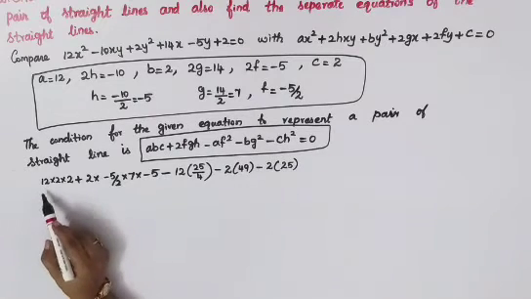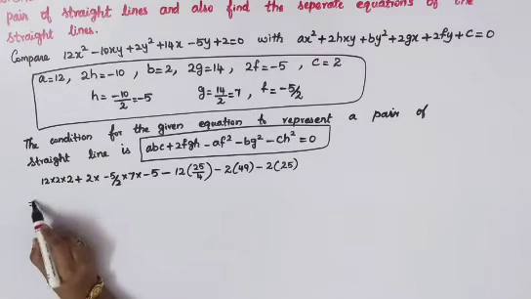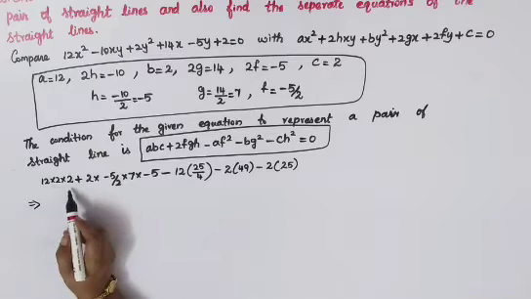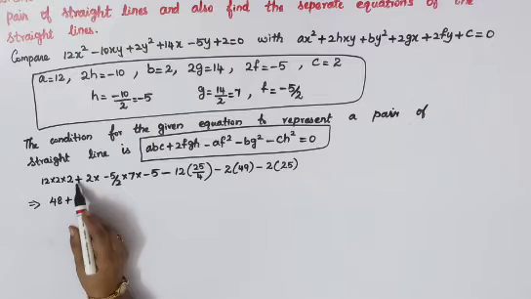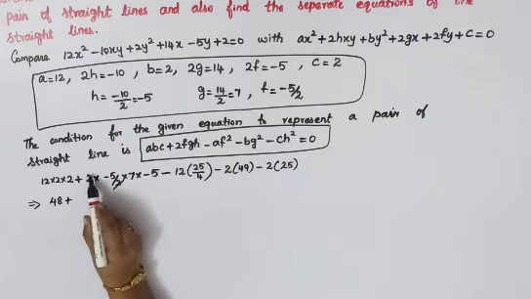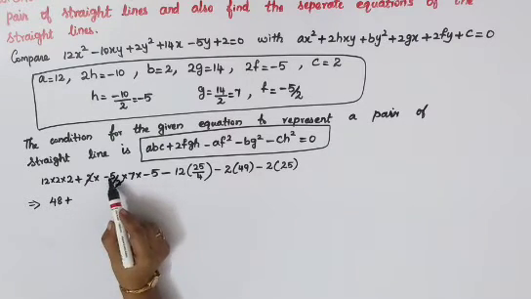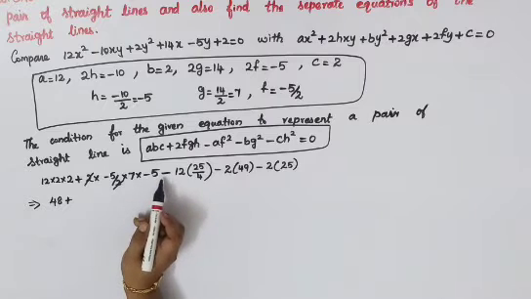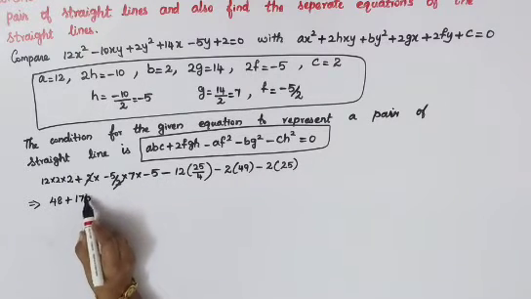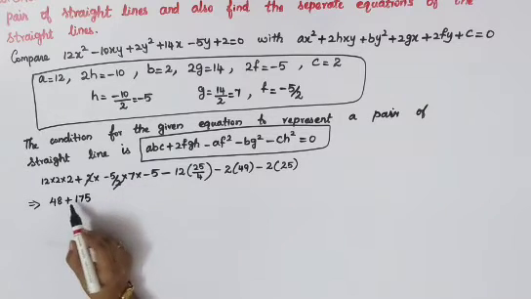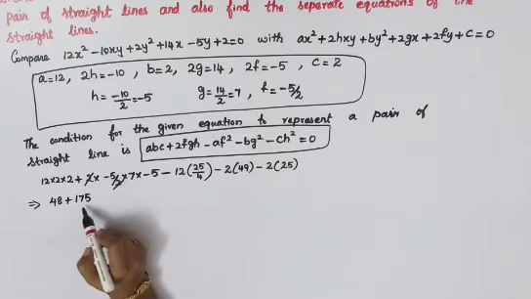Okay, so 12 into 2 into 2, so we'll get 12 into 4, we'll get 48. Then this plus, as it is, 2 and 2 you can cancel. −5 into 7 into −5, you will get 175, because minus into minus will become plus. 5 into 7 into 5, you will get 175.